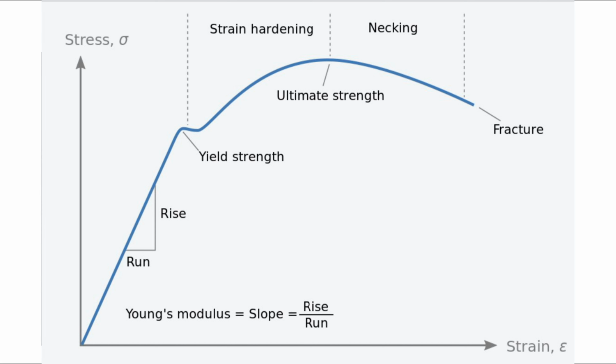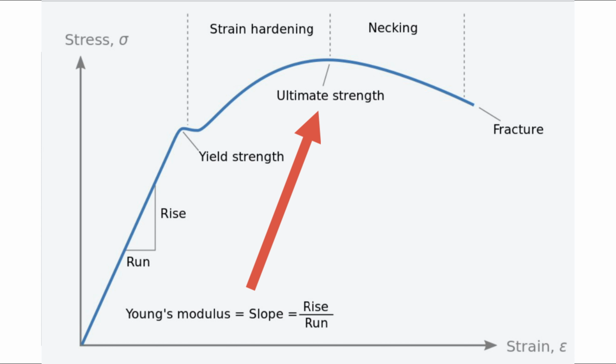When yielding has ended, further load can be applied to a specimen, resulting in a curve that rises continuously but becomes flat until it reaches the maximum stress called the ultimate tensile strength or ultimate tensile stress.